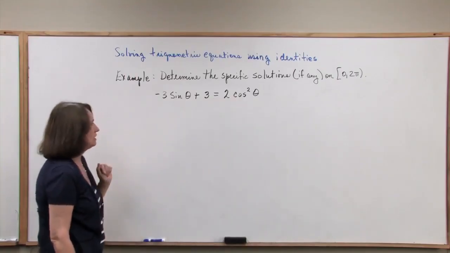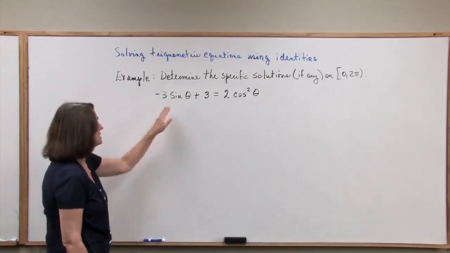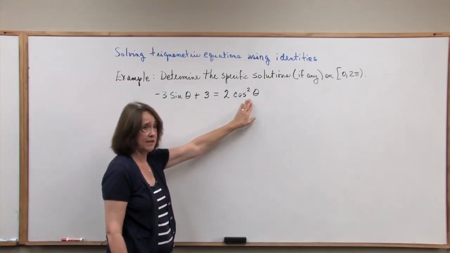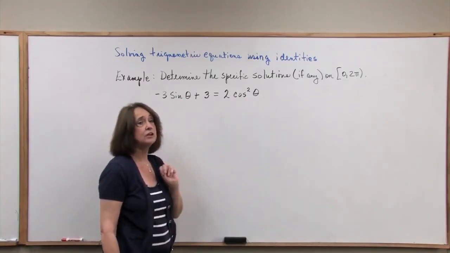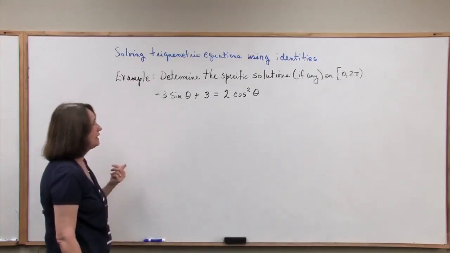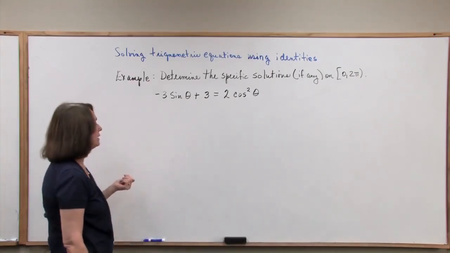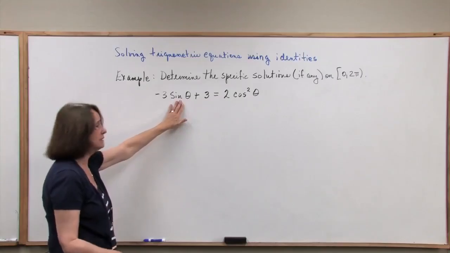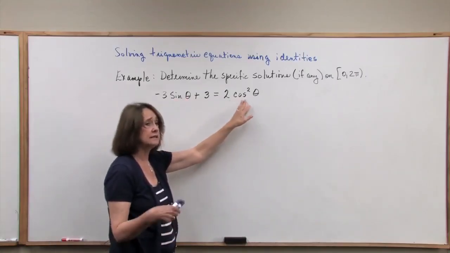The first thing we notice about this example is that we have the sine of theta and cosine of theta, 2 different trig functions. So what we need to do is find an identity that we can change either sines into cosines or cosines into sines.